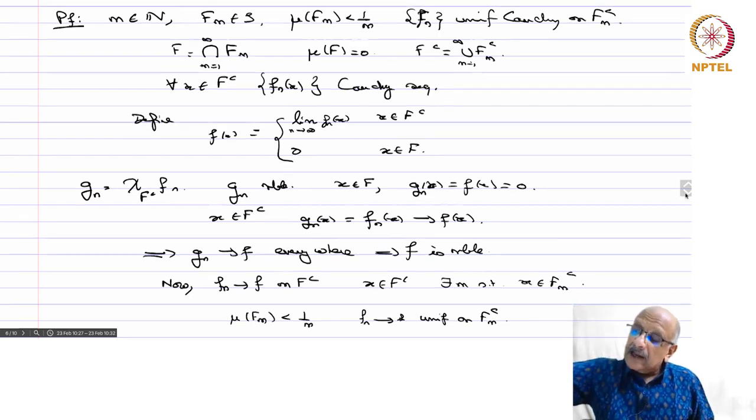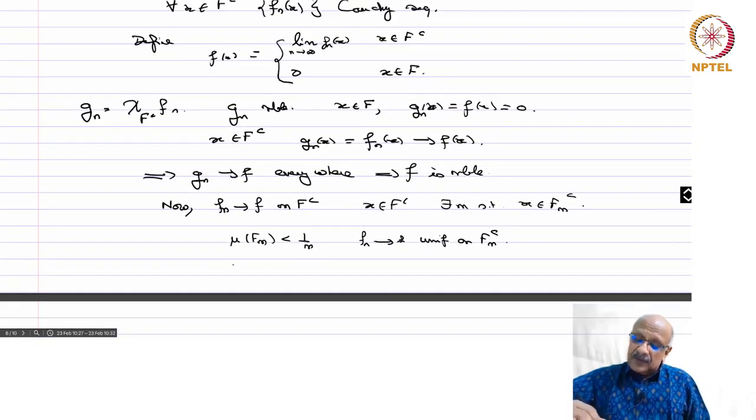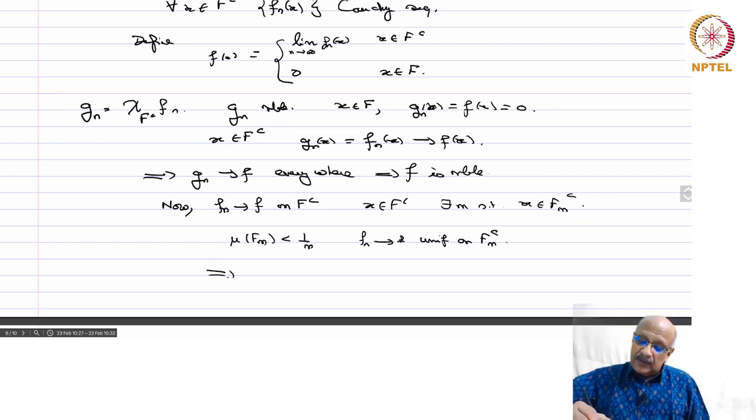So given any eta, you can choose m large enough such that 1 by m is less than eta, and then it converges uniformly on this set. Therefore this implies that f_n converges to f almost uniformly.